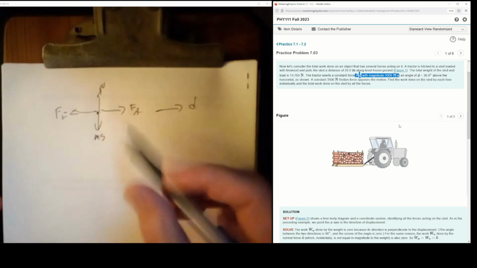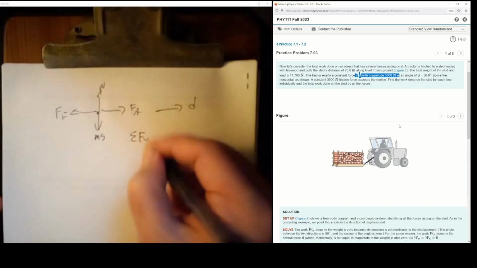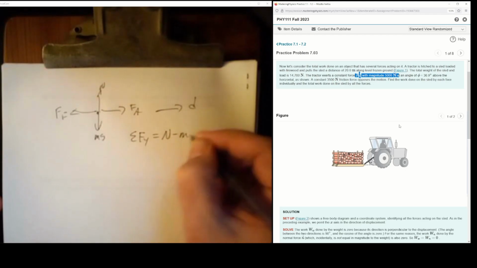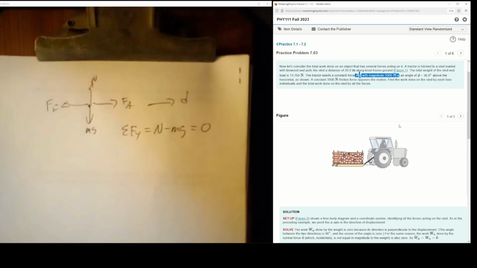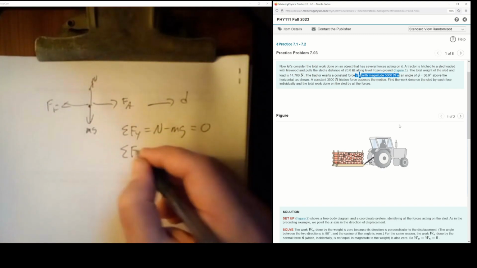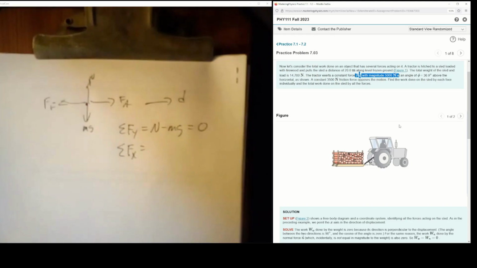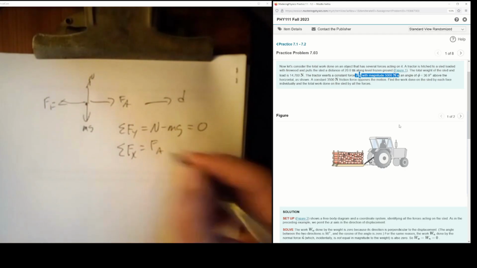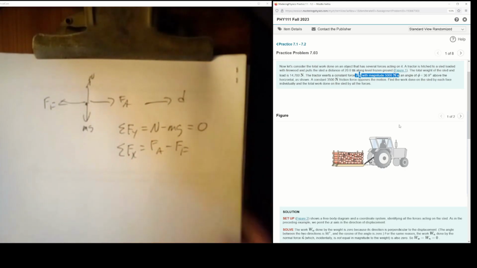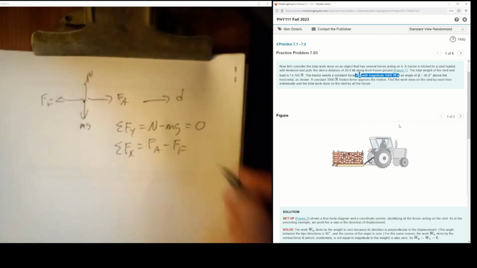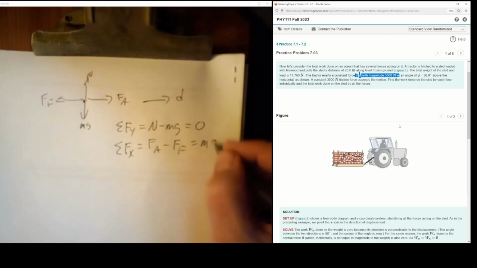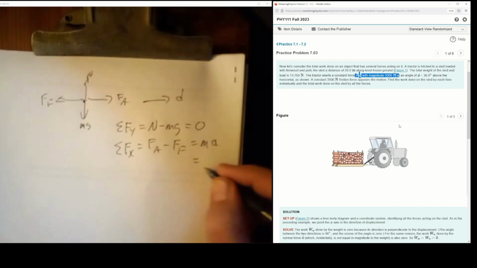The forces in the y direction, normal minus mg, there's no motion in the y direction, so that just equals 0. Our motion is all in the x direction. We have the force applied to the right, force of friction to the left, and this is accelerating. So this equals ma, where ma is the net force.